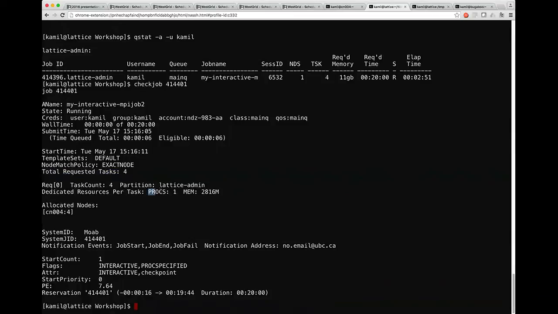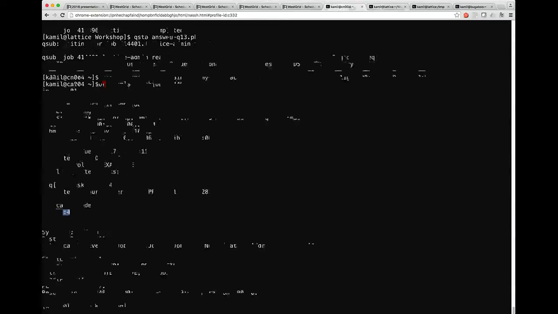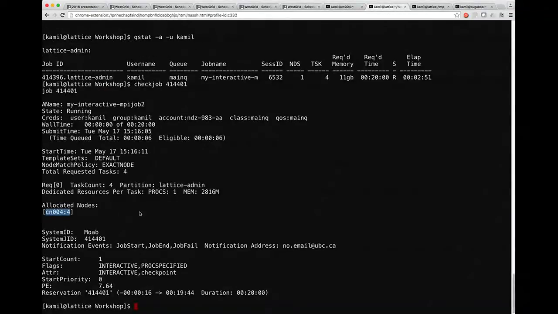We have 1 processor per task with almost 3 gigs of memory per task. It's all allocated on a single node. 4 cores are allocated on this node. So you could tell where your jobs are running, and how many nodes are allocated, and so on, with the checkjob command.